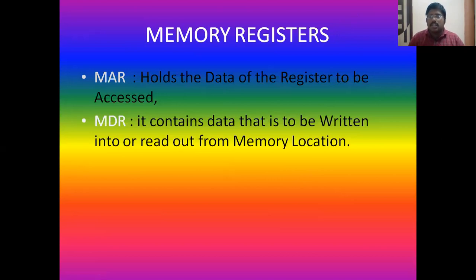Whereas the memory address register holds the address of the register to be accessed. That means from which register we need to take the data, or to which register we want to store the data, that particular register is controlled by the memory address register. The memory data register contains the data taken from a particular register or going to be stored into a particular register.